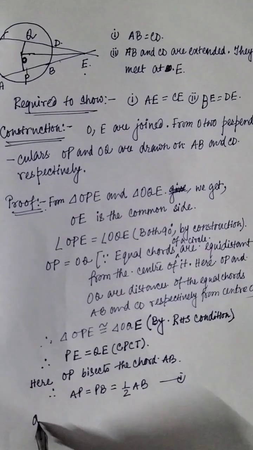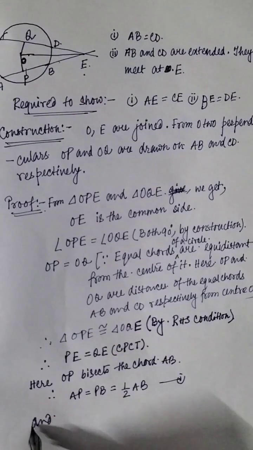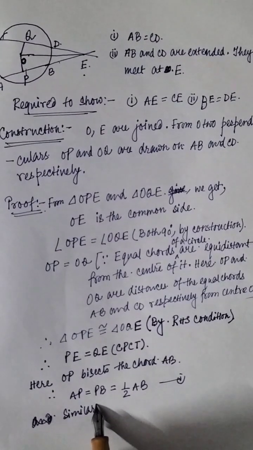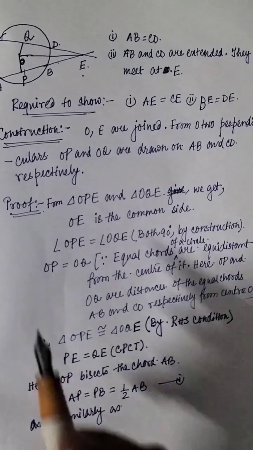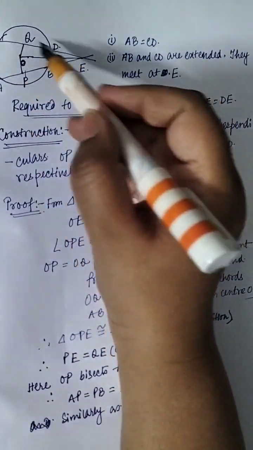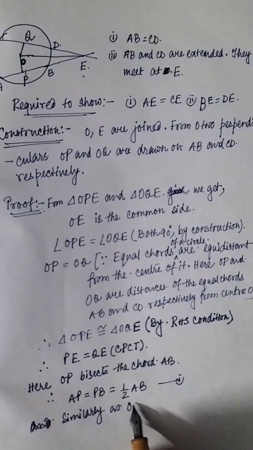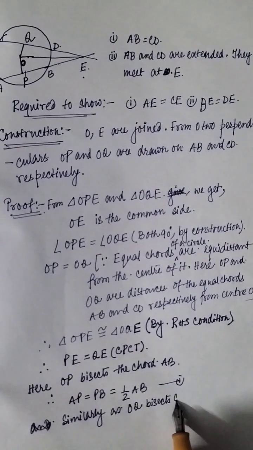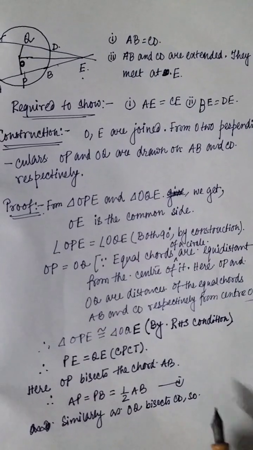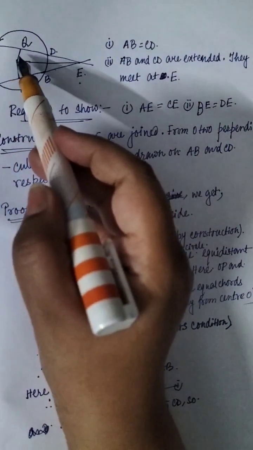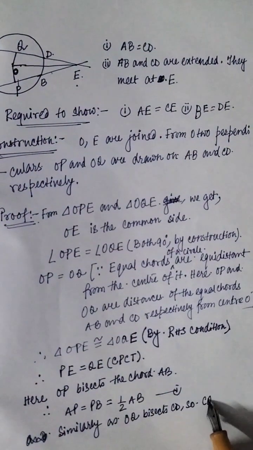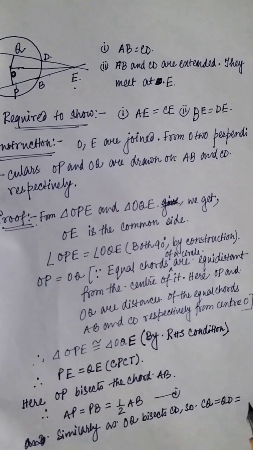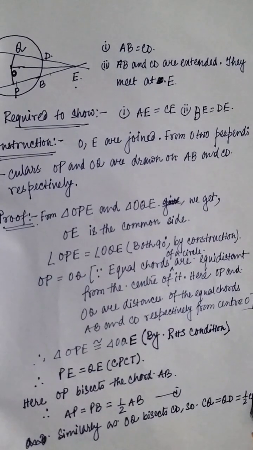Similarly, as the perpendicular OQ bisects the chord CD, so we can write CQ equals QD equals half of CD.